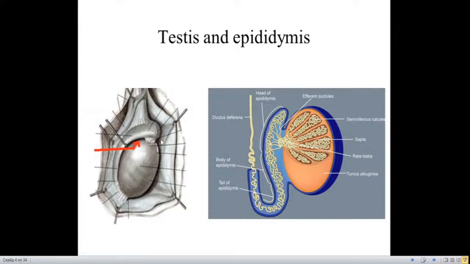So epididymis has three parts: head, caput epididymidis, body, corpus epididymidis, and tail. Inside, epididymis has the ductus epididymidis, which gets sperm from efferent ductules. And after its tail, the duct of epididymis continues as the vas or ductus deferens.